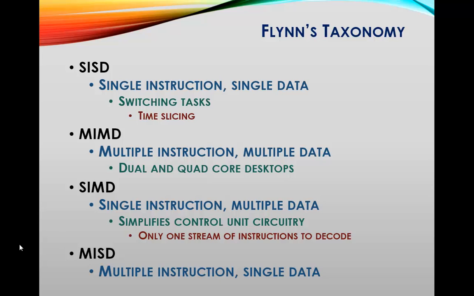We've talked a little bit earlier about the single instruction, multiple data category of architecture. Here I'll talk about the 4 categories of Flynn's taxonomy, which classifies different computer architectures by the number of instructions that your architecture is capable of operating on at a time, as well as the number of data points that architecture can work on at a time.